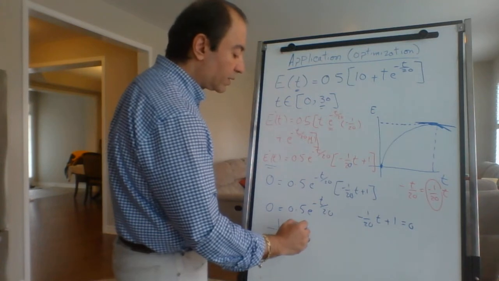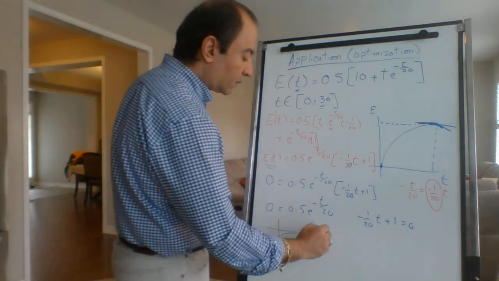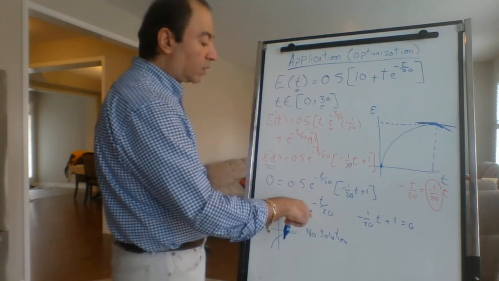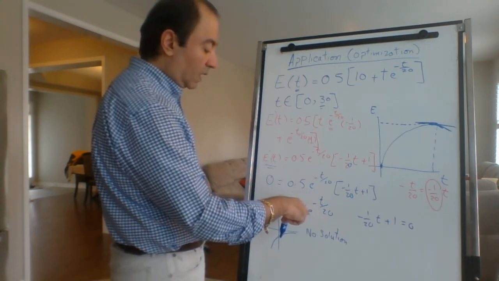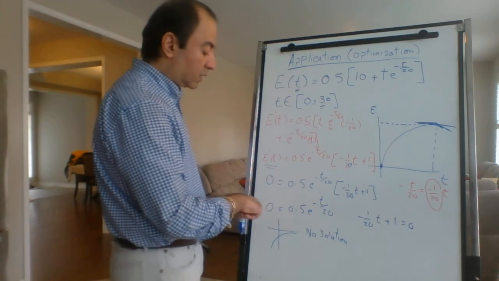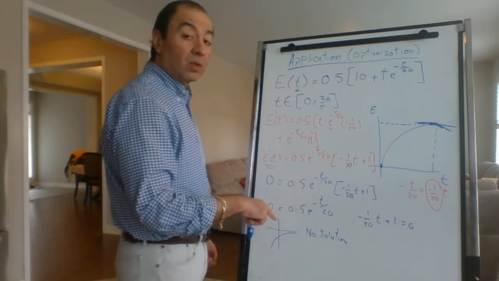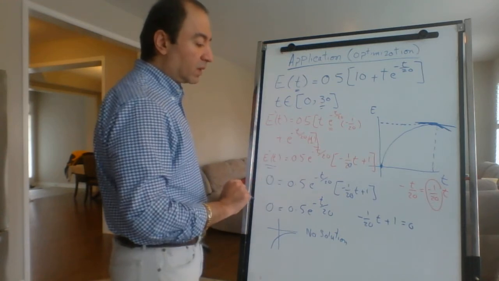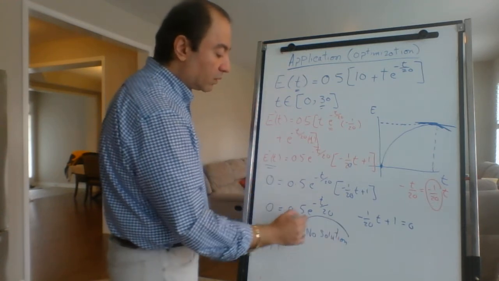So from here, there is no solution. If you take log of both sides, it will not work because ln 0 is undefined, it's an error. So there is no solution from here.